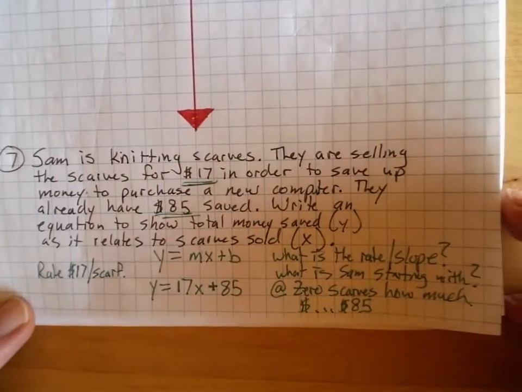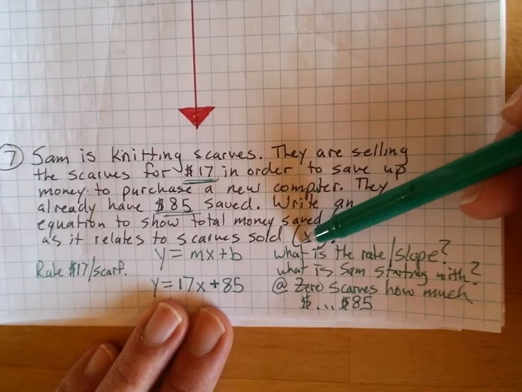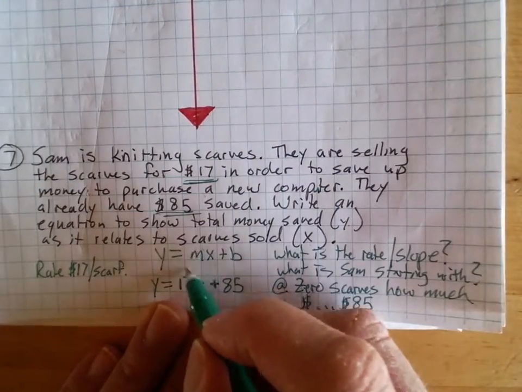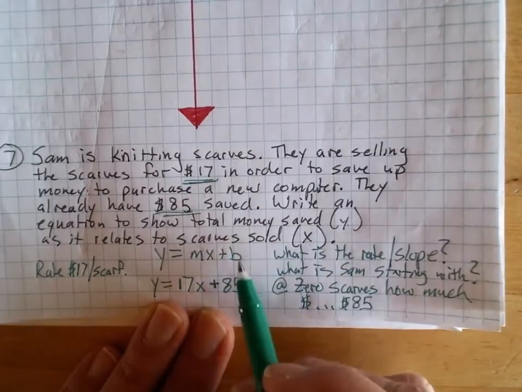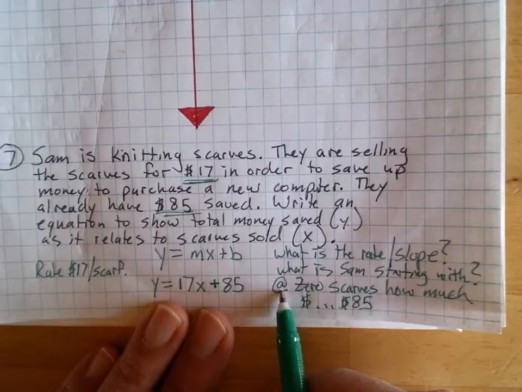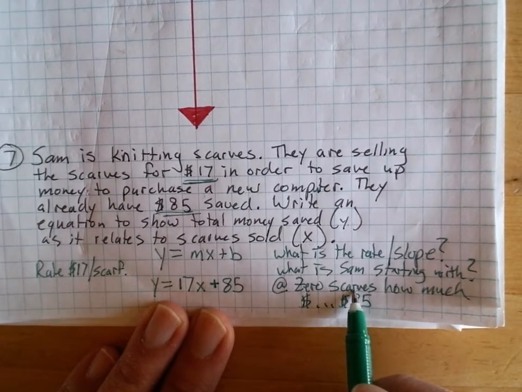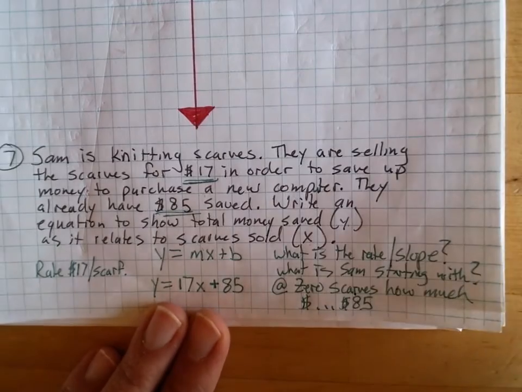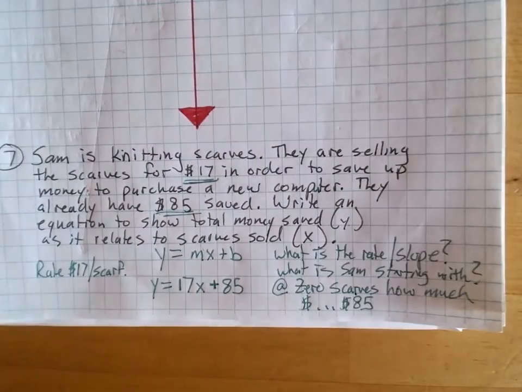So right now, the questions you're asking yourself are, hey, what's the rate? What's the slope? And then, what is Sam starting with? What's the b? And another way to look at what Sam's starting with is, at 0 scarves sold, how much money?